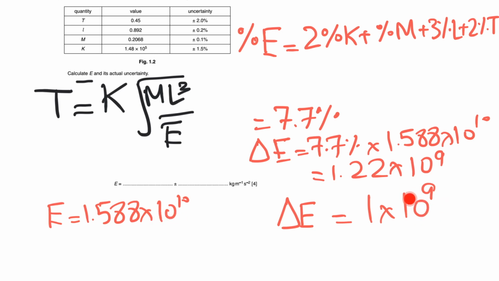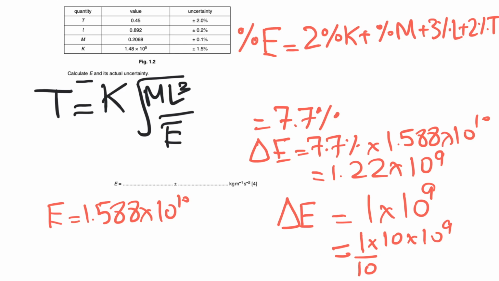So 10 raised to the power 9 needs to be converted to 10 raised to the power 10. So I can write this as 1 into 10 into 10 to the power 9 divided by 10, because you know that the two 10s would cancel each other out, and there would be no effect on the answer.